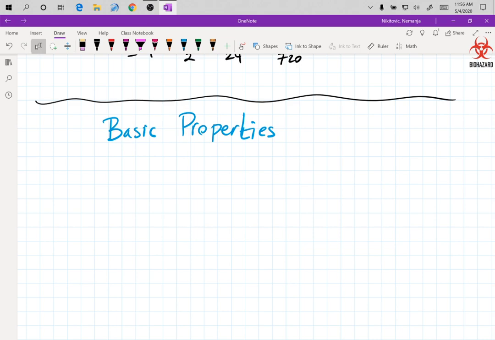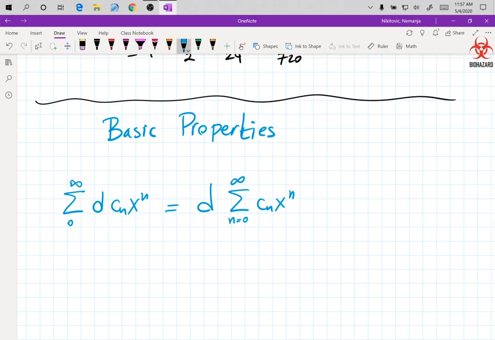If you have a power series such as some constant d times Cn x to the n, then that d can be kicked outside. Because please note that the variable for this power series, in air quotation marks, is n.